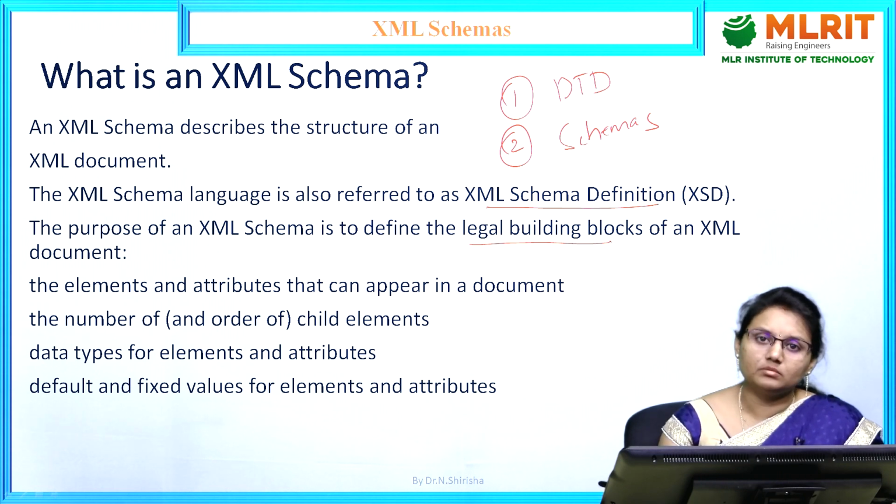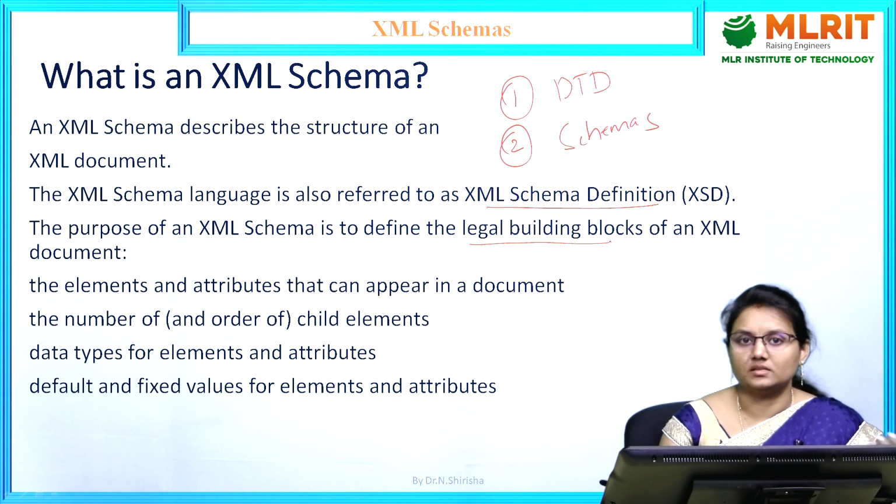Legal building blocks: attributes, elements, entities, all this comes under the building blocks. DTD building blocks are also entities, elements, attributes, PCDATA, CDATA. These are all the building blocks of DTD that we discussed in the last session. Here we are going to discuss XML schemas and their legal building blocks.